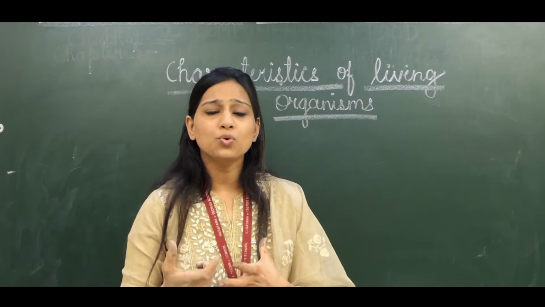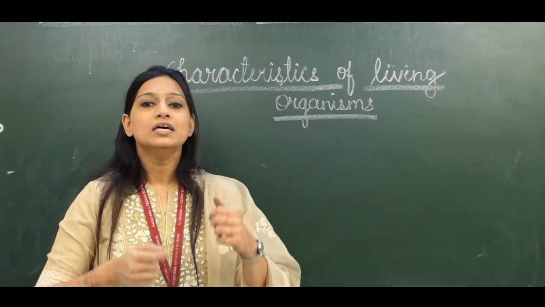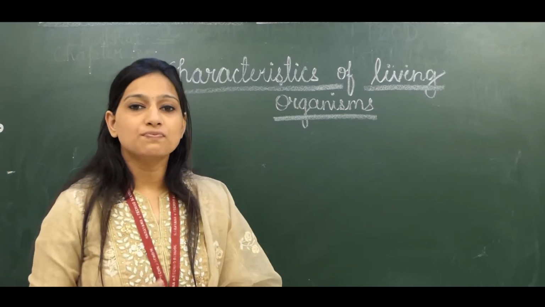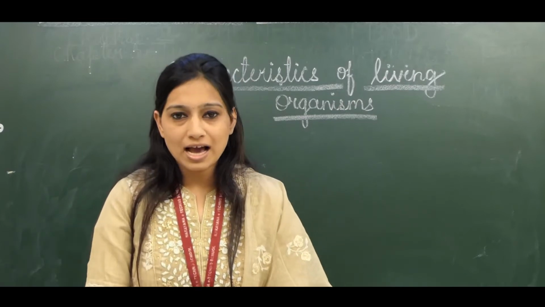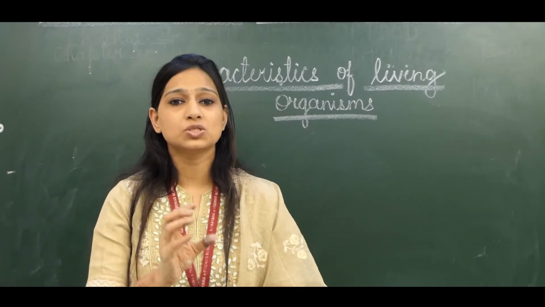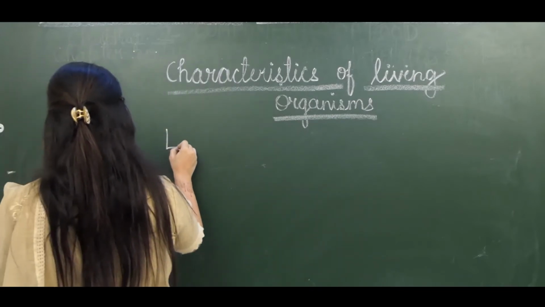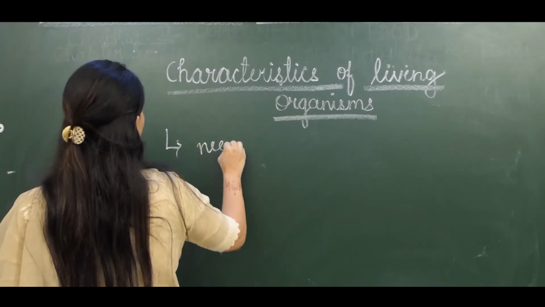So how do you actually differentiate between the living and non-living? There are certain characteristics which you have to observe. The first one is they need food. Every living organism on this earth has to take food. So the first one is, living organisms need food.